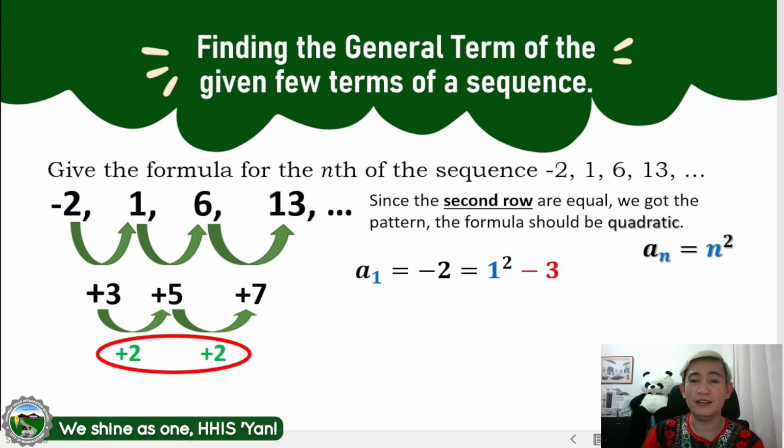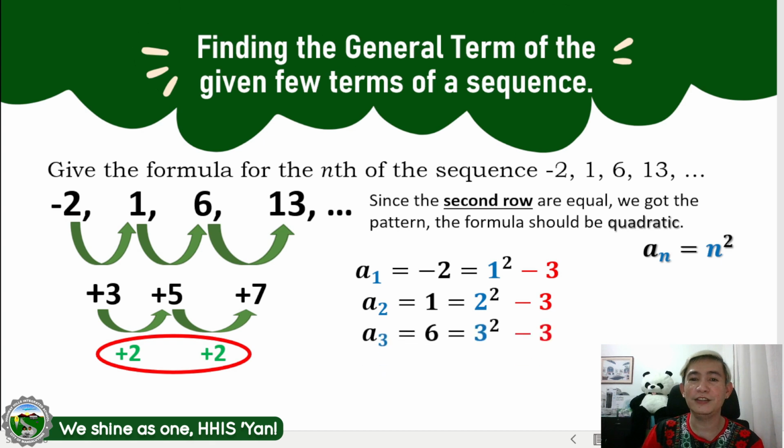But we have to get negative 2. So to get negative 2, we have to subtract 3. So a sub 2 is equal to 1. But if we substitute n by 2, 2 squared is equal to 4. So to get 1, we have to subtract 3.